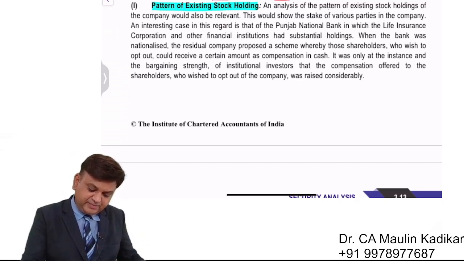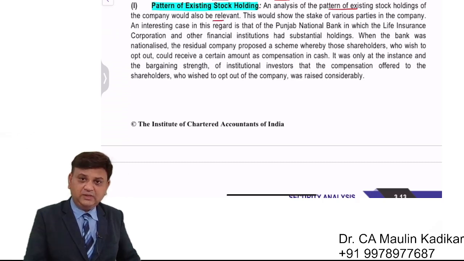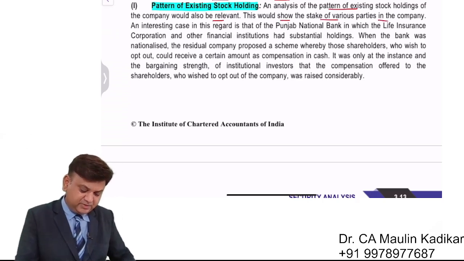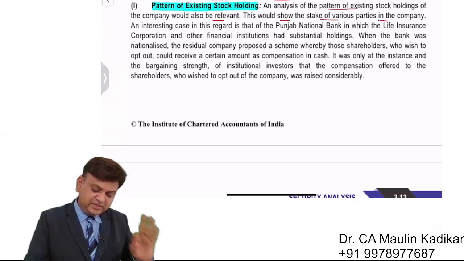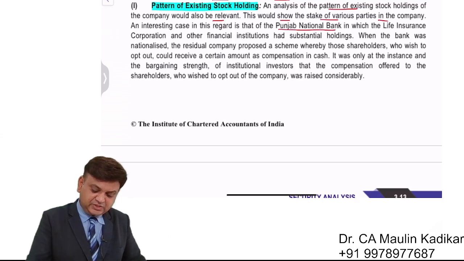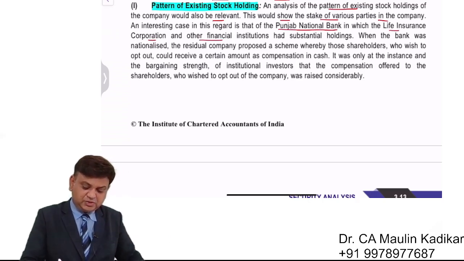An analysis of the pattern of the existing stockholding of the company would also be relevant. This would show the stake of various parties in the company. An interesting case in this regard is the Punjab National Bank, in which Life Insurance Corporation and other financial institutions had substantial holding.